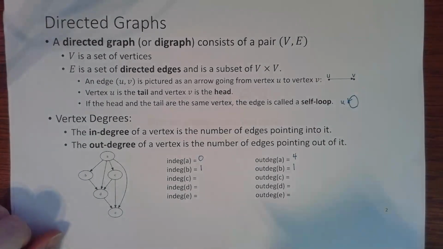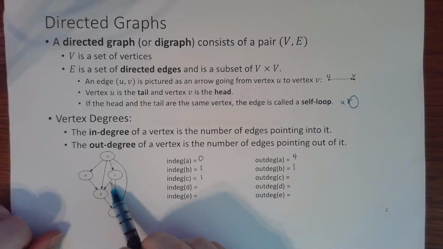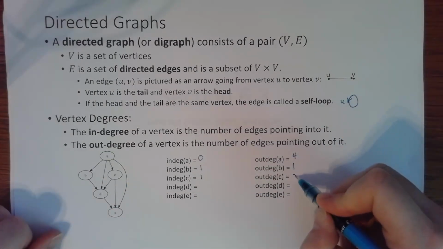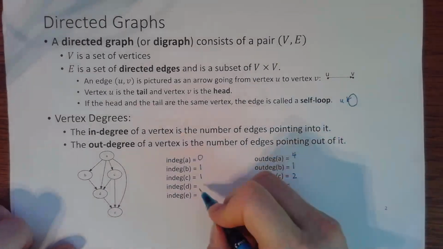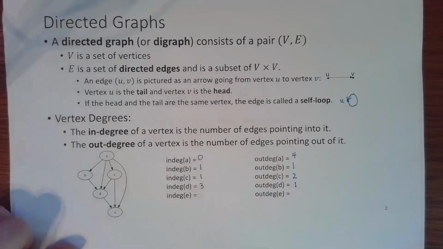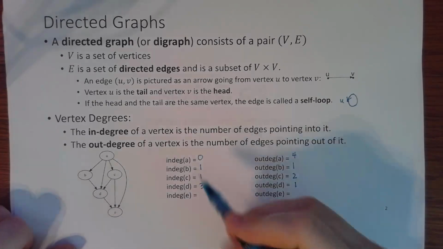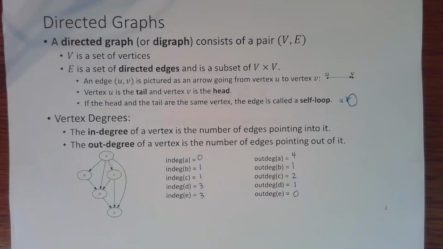If we look at C, there's 1 coming in and there are 2 going out. If we look at D, there are 3 coming in and there's 1 going out. And E has 3 coming in, and absolutely nothing going out. So sometimes we have an in degree of 0, sometimes we have an out degree of 0, or anywhere in between.